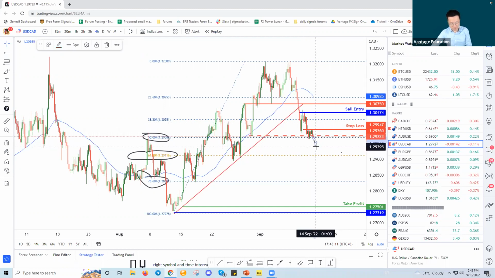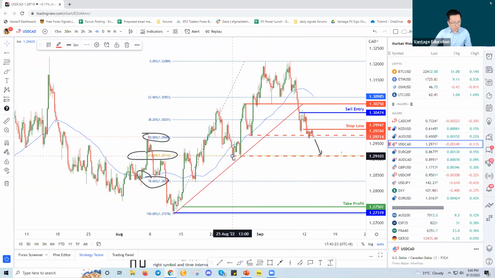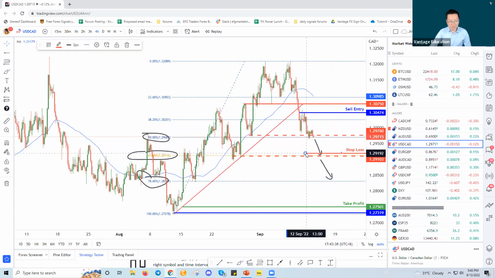And then if price does continue lower and breaks below that point, which you can see has formed a good support level, it is a 61.8 level, it's bounced off strongly here. If price does break below this point, then I would move my stop loss lower again.